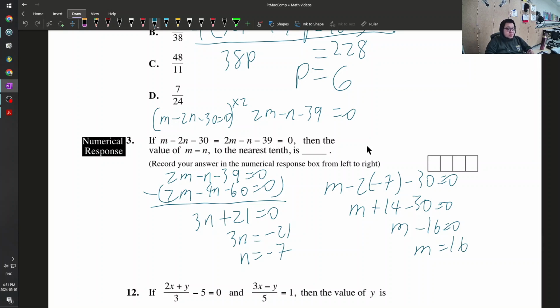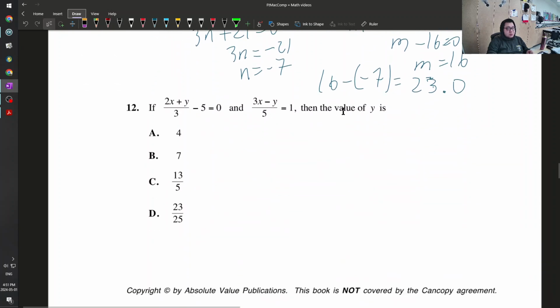So I have 16 and negative 7. 16 minus negative 7 is equal to 16 plus 7, so 23. Because they want us to have it in the nearest tenth, the answer is 23.0.